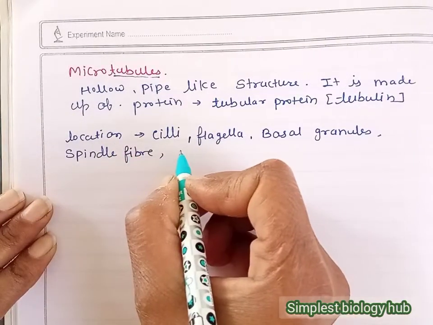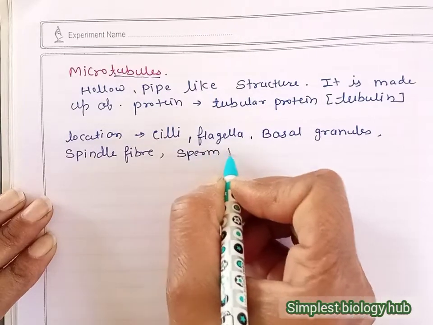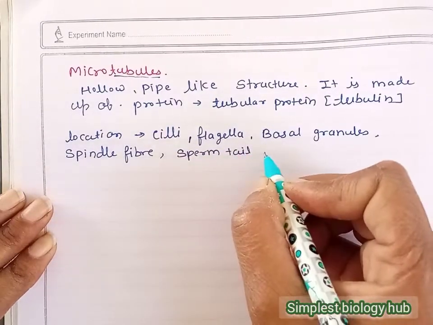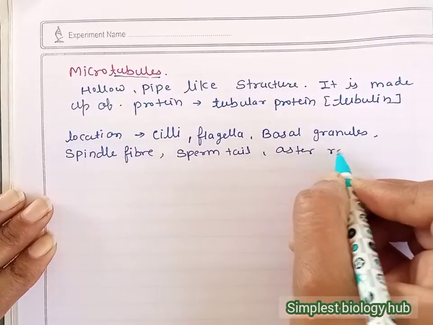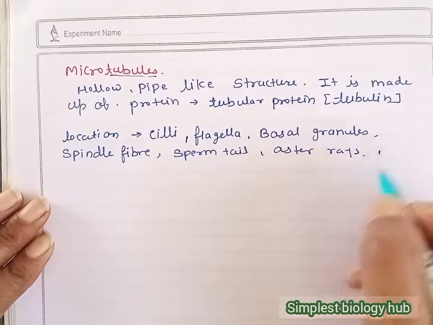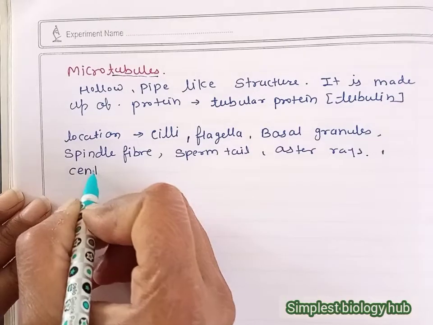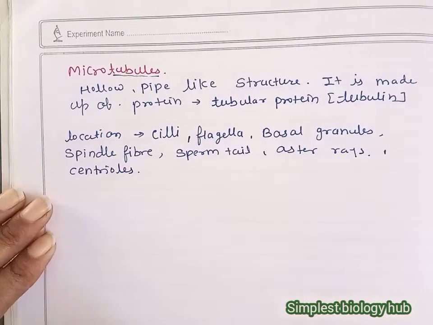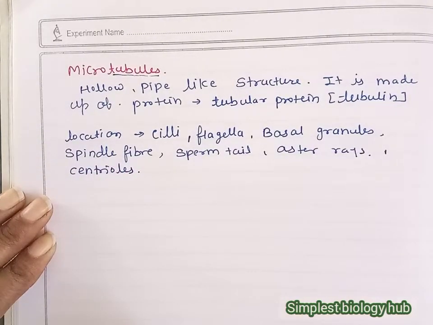They are present in the sperm tail, in aster rays, which are also produced during cell division, mitosis and meiosis, and in centrioles. These are the locations of the microtubules.